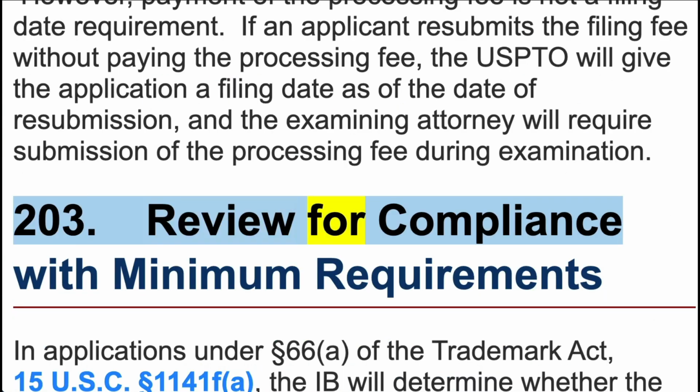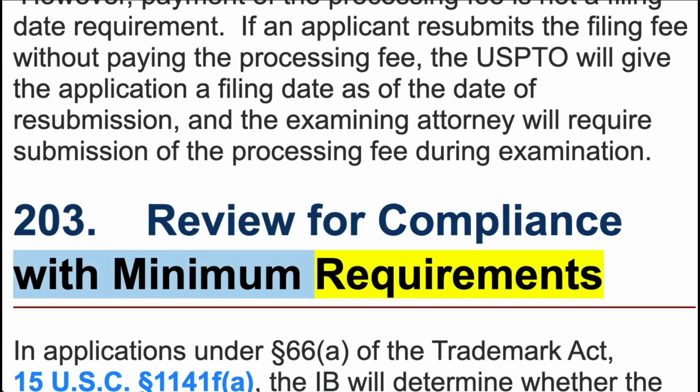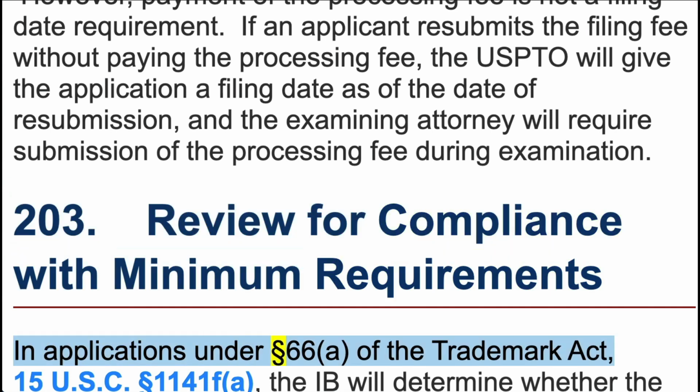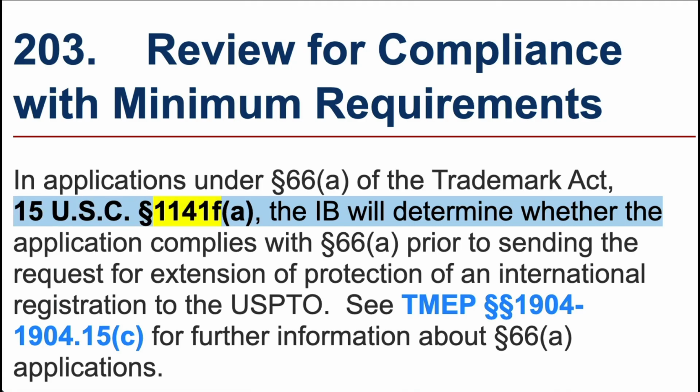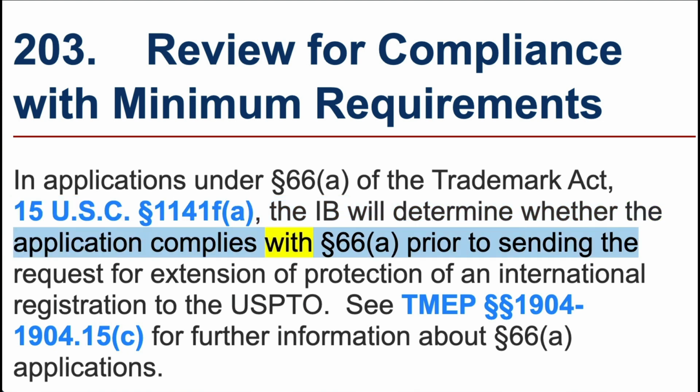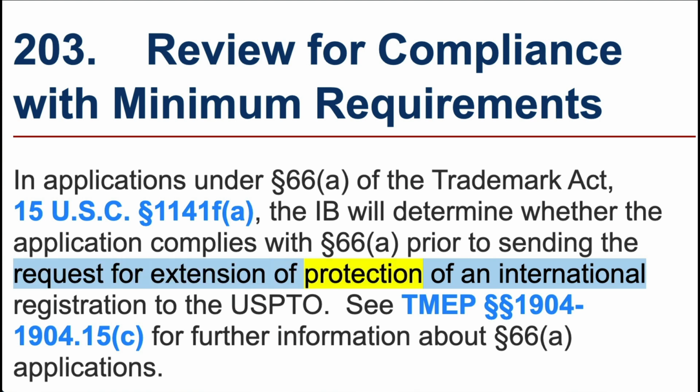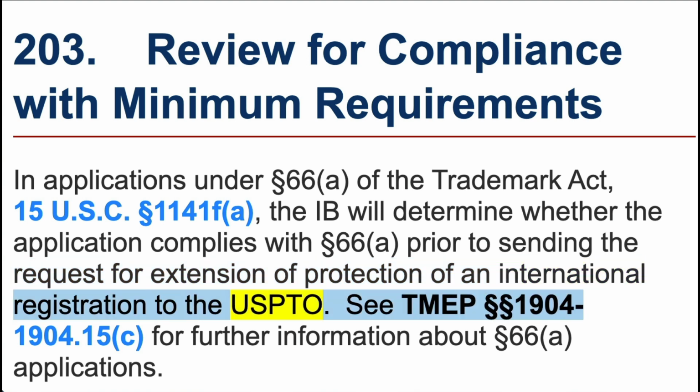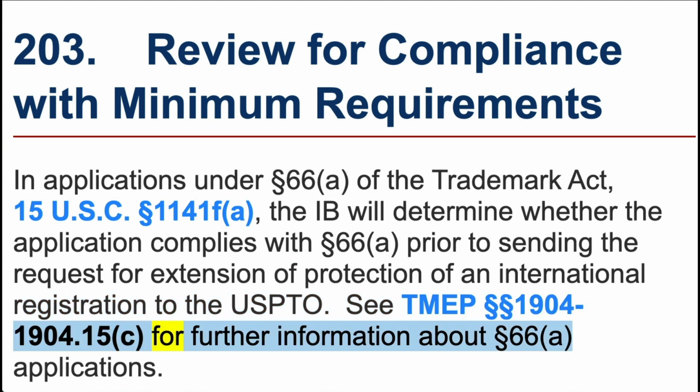203. Review for compliance with minimum requirements. In applications under Section 66(a) of the Trademark Act, 15 U.S.C. Section 1141f(a), the IB will determine whether the application complies with Section 66(a) prior to sending the request for extension of protection of an international registration to the USPTO. See TMEP Sections 1904 through 1904.15(c) for further information about Section 66(a) applications.